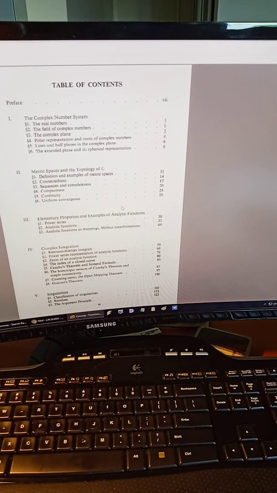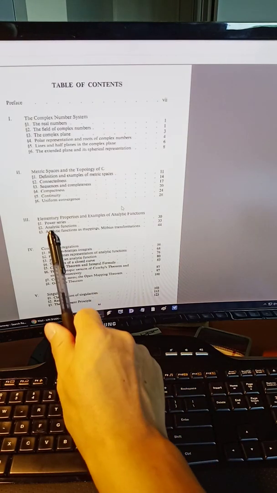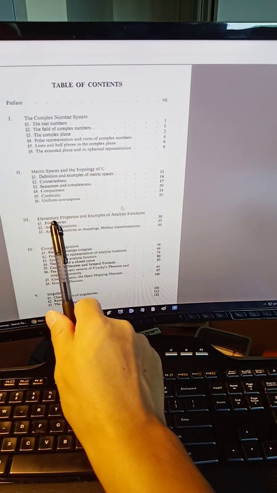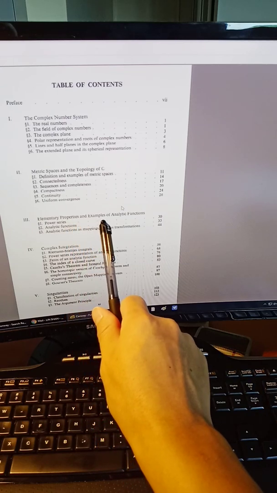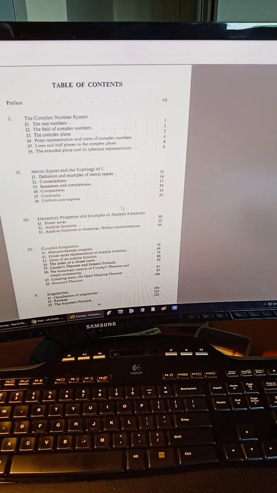They are the prerequisite material. If we need any theorems or results from these two chapters, we will come back to them, but we will not discuss them in detail. We will directly start from the third chapter, elementary properties and examples of analytic functions.